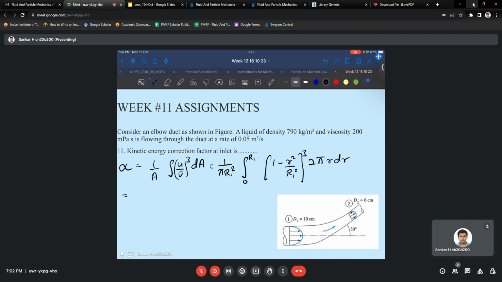As we have seen earlier, there is a half that's coming up as well. So it would be 1 by 4 times r1 square, integral 0 to r1 of 1 minus r square by r1 square, the whole cube, r dr.